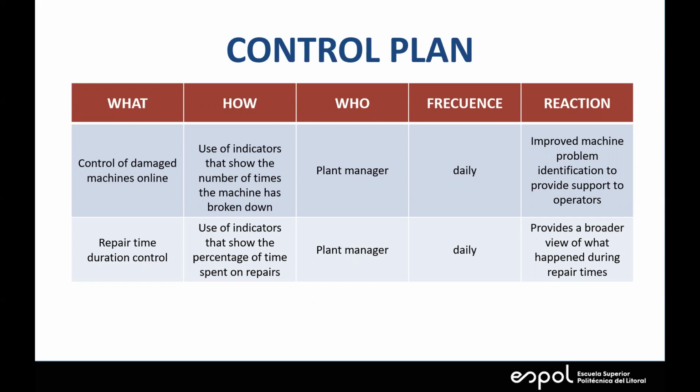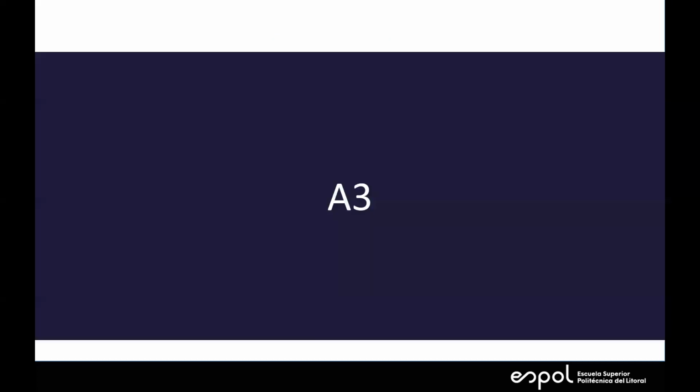And the second uses indicators that show the percent of time spent on repairs, released to the plant manager with a daily frequency, and the reaction provides a broader view of what happened during repair times.